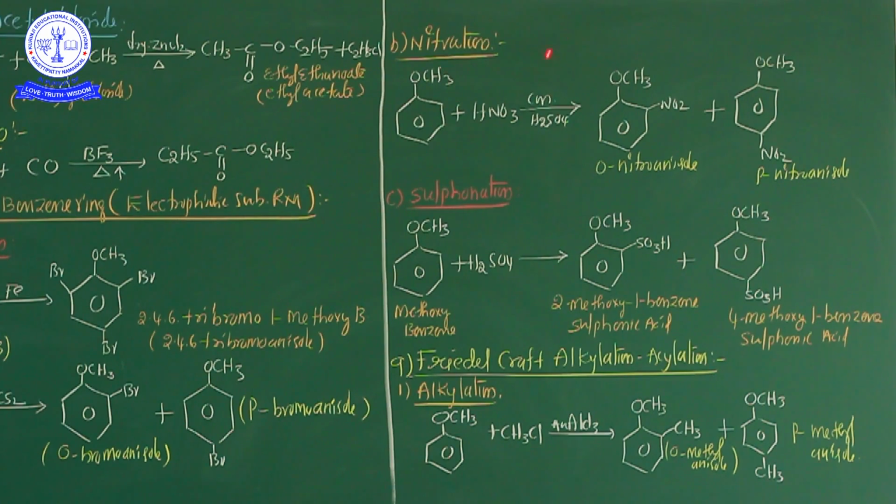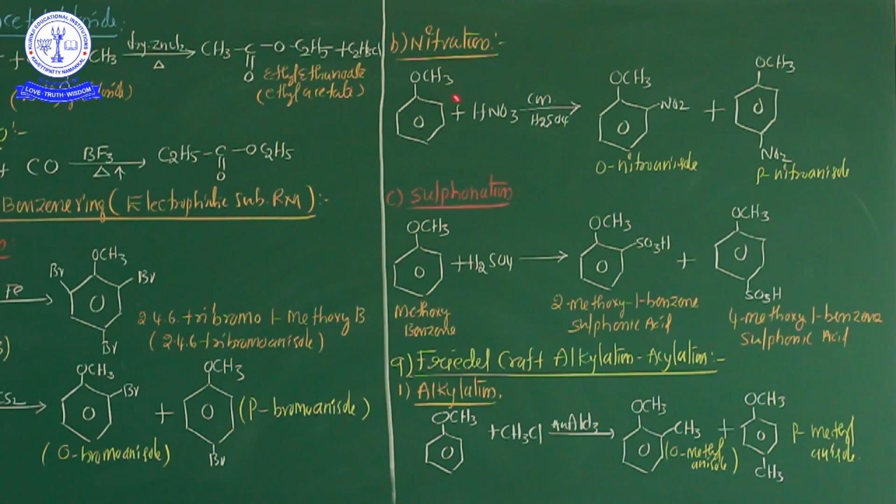In the case of nitration, when treated with a mixture of concentrated HNO3 and concentrated sulfuric acid, anisole undergoes nitration to form a mixture of ortho and para nitroanisoles. Ortho and para nitroanisole, these are very important.